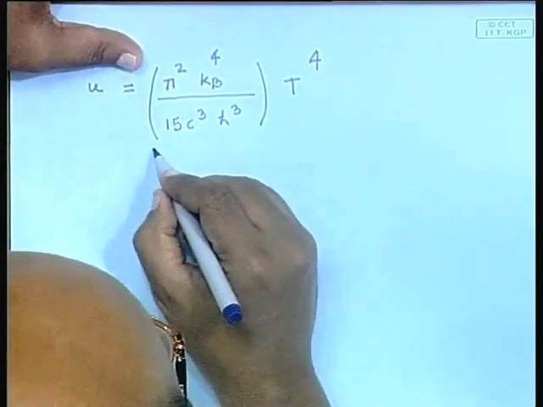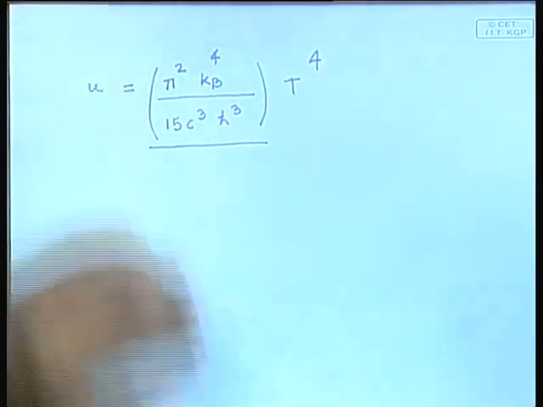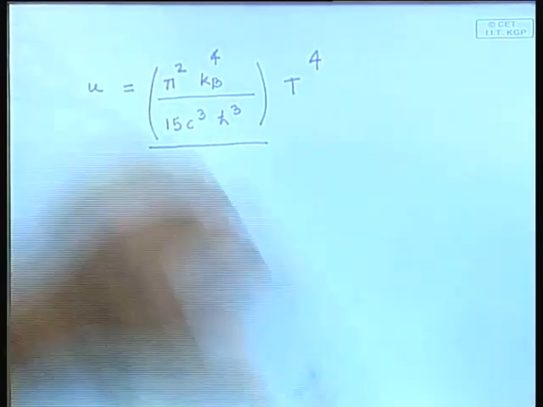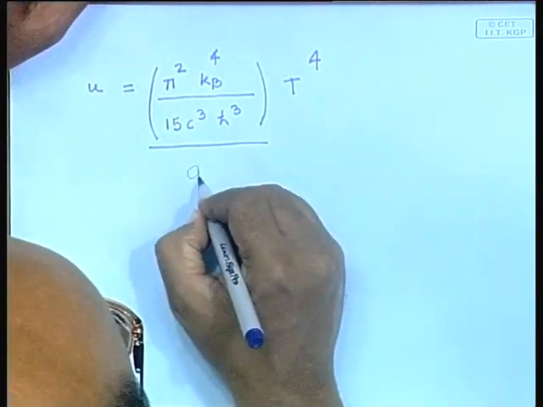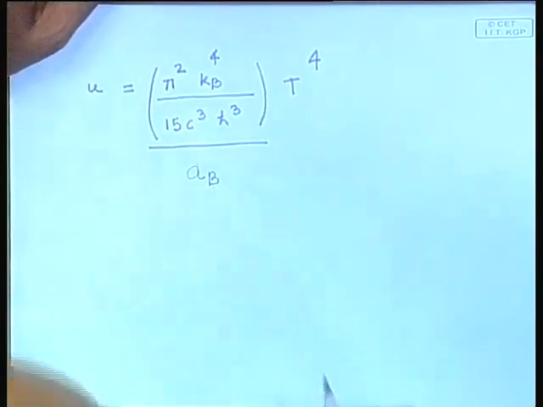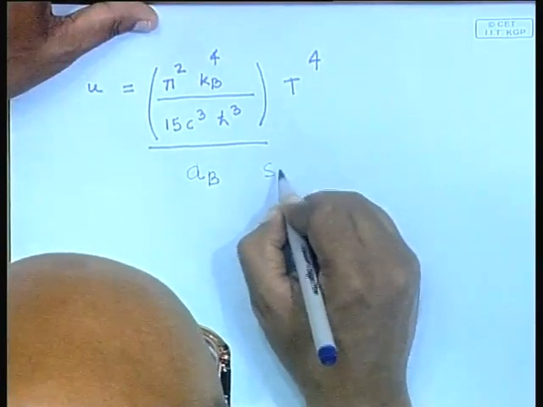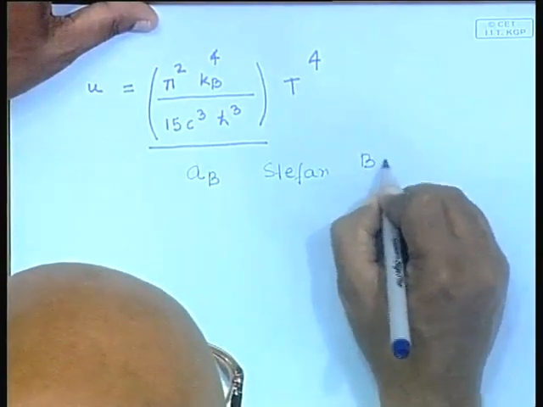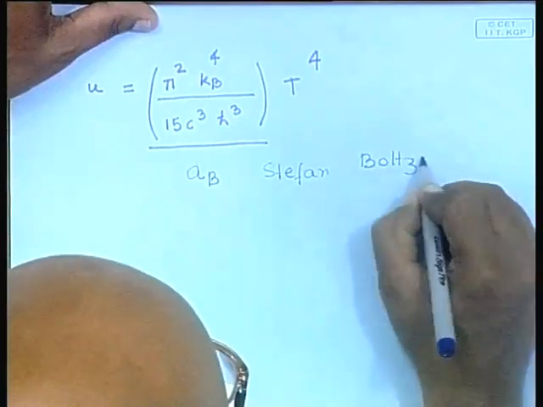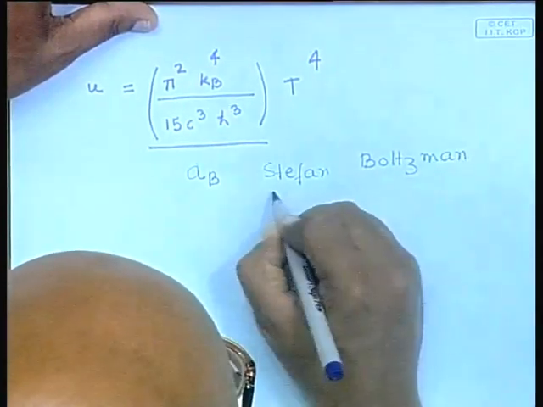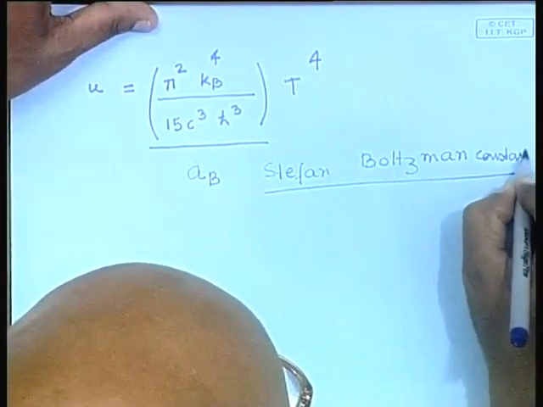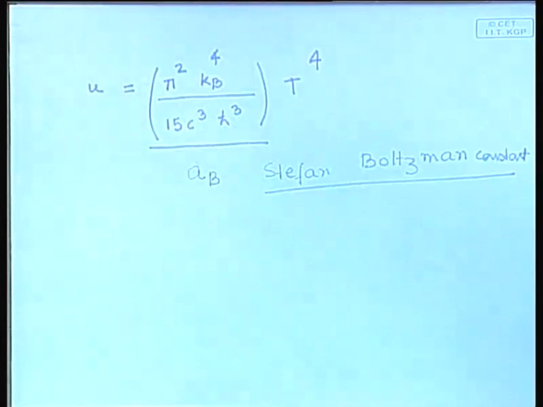where the quantity in the brackets over here is called the Stefan-Boltzmann constant a_B.